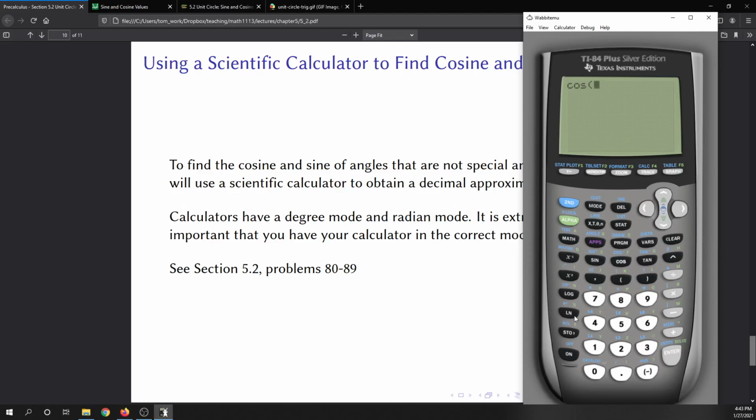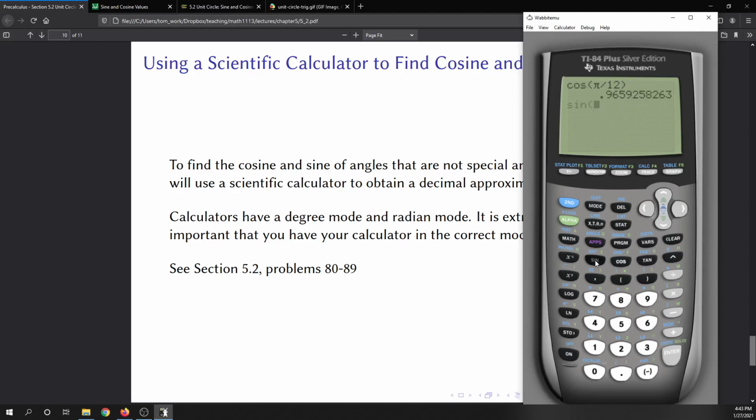It's been a while since I've used this one. Oh, there it is. Pi over 12. And that's how you get this value right here.